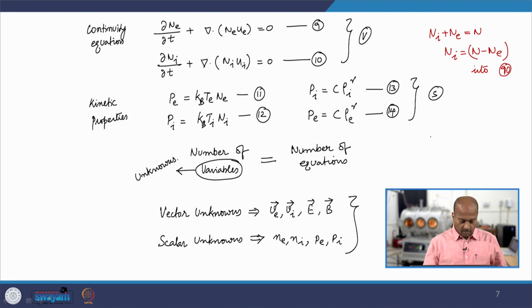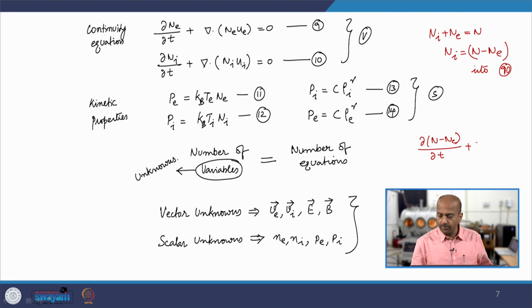What we will get is dou of (n minus N_e) by dou t plus del dot of (n minus N_e) times u_i is equal to 0.